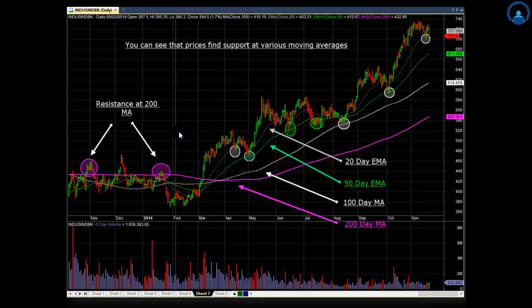Following is a chart of IndusInd Bank, and you can see a lot of colorful lines plotted on this chart. These lines are many different moving averages. We'll go ahead one by one. The gray colored dotted line, which is moving very close with price bars, is the 20-day moving average, and you can see it is much more flexible as compared to any other lines plotted on the chart.